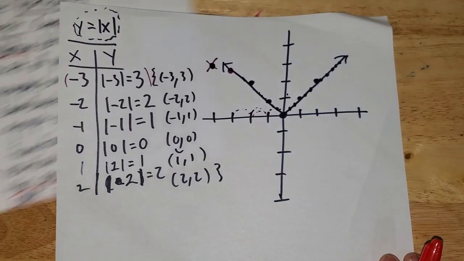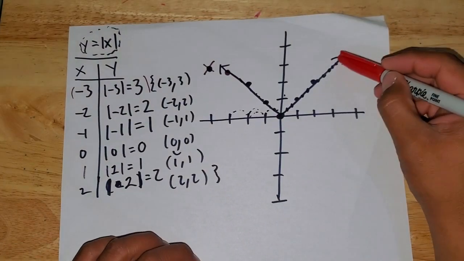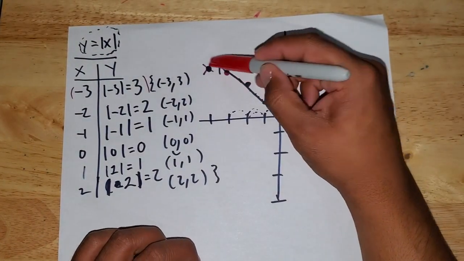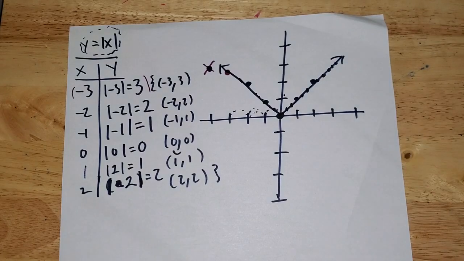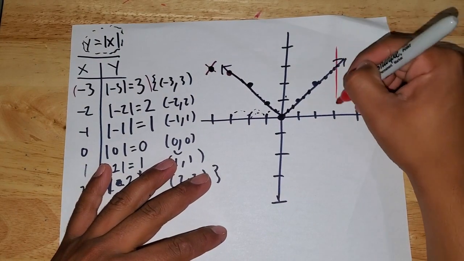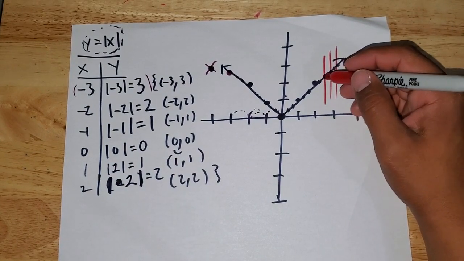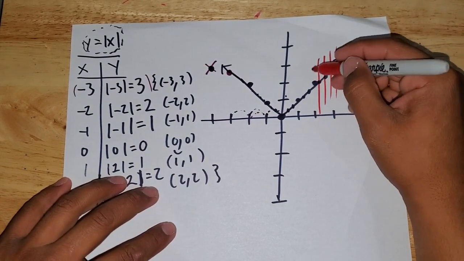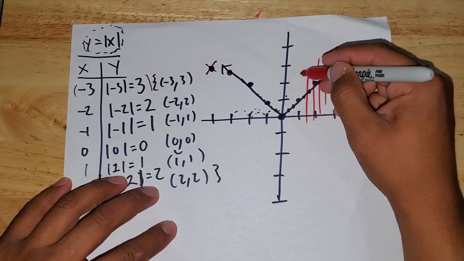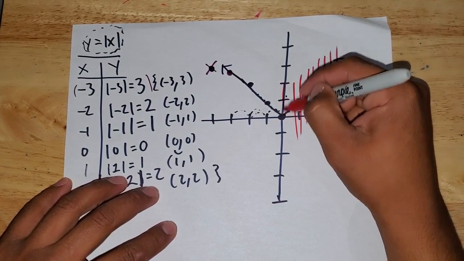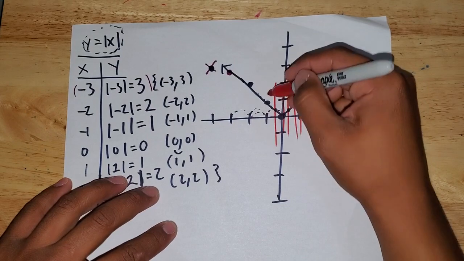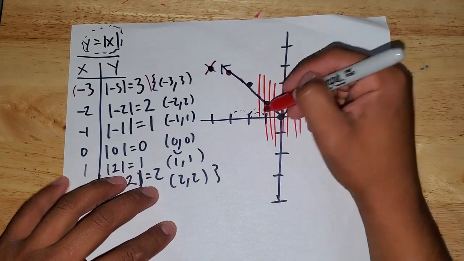So what I could do, well, I know this graph points in that direction forever, in this direction forever. And then I can see, well, wait. Am I ever, any vertical line that I make, here, here, here, here, here, here.